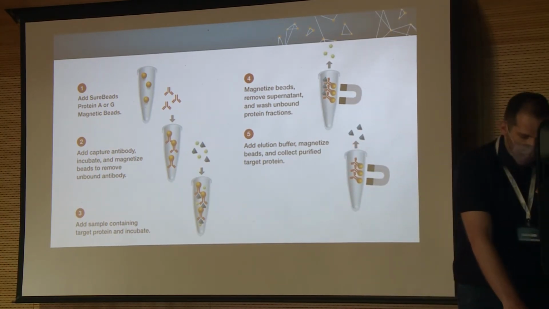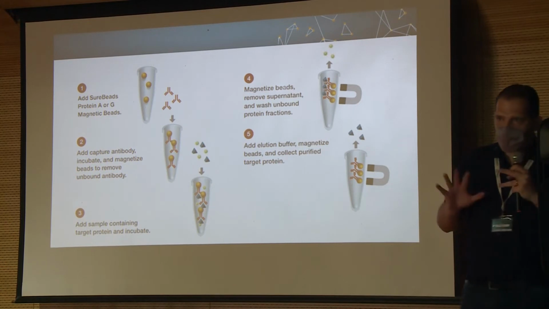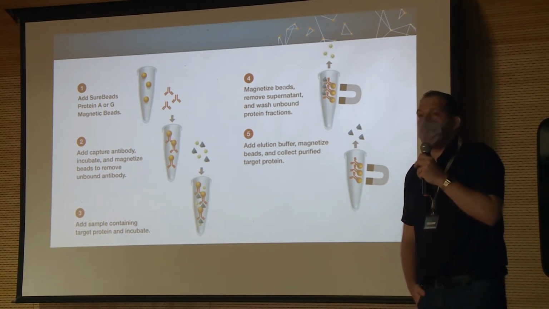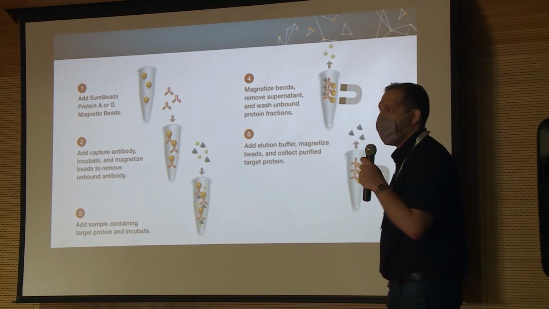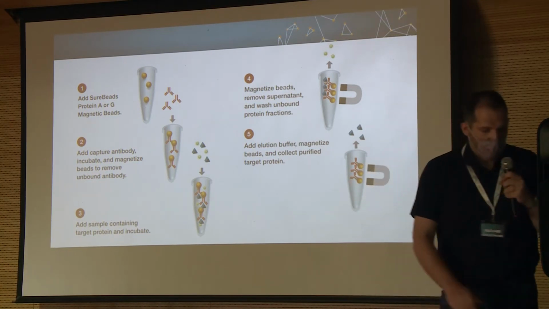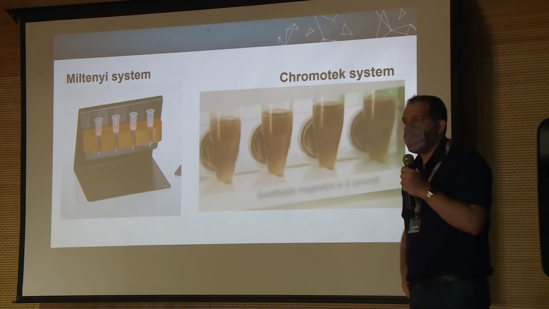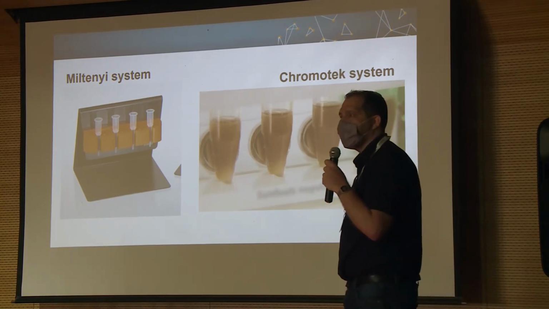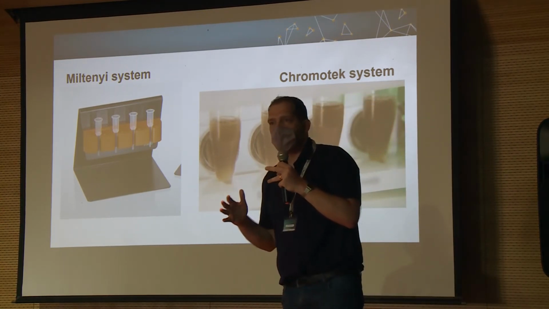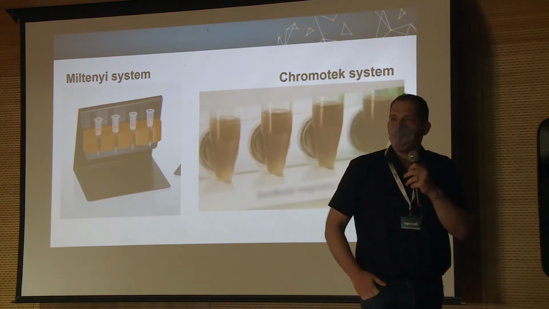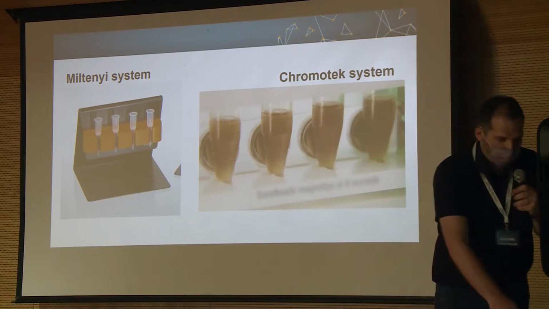But if you read the papers, you will see that there are 2 different companies that claim they have the best system. That is Miltenyi and Chromotek. We have both of them in the laboratory, so each group will get to make the protocol with both systems.